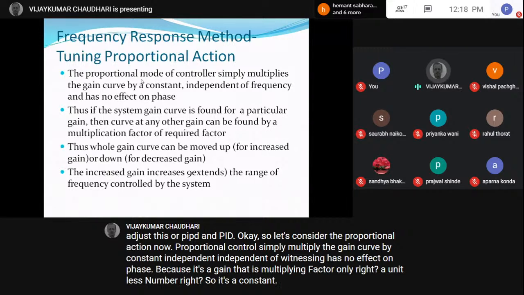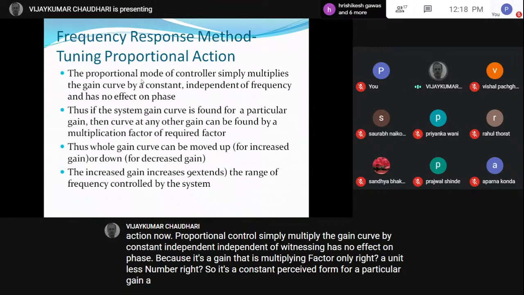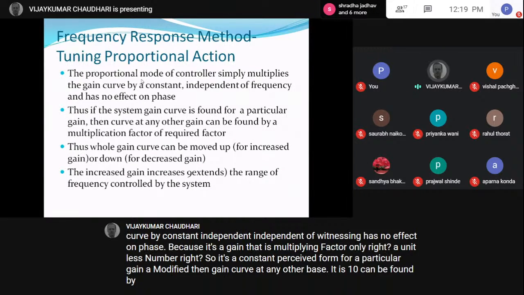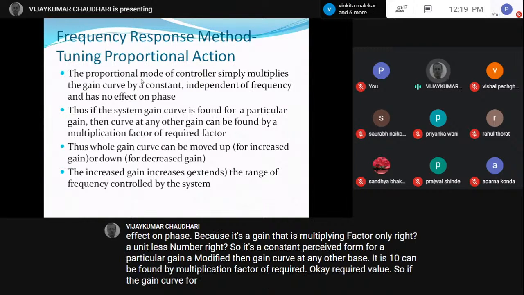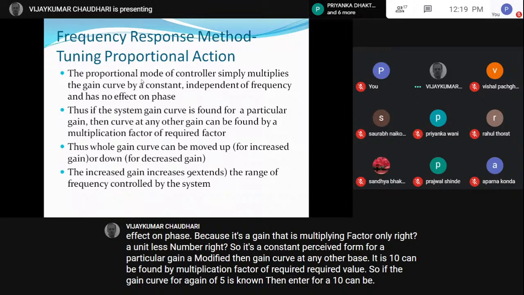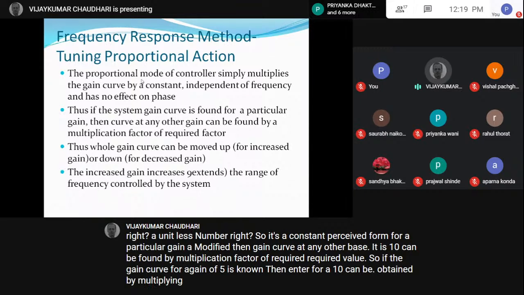Thus, if the gain curve is found for a particular gain, say 5, then the gain curve at any other gain, say 10, can be found by a multiplication factor of the required value. So if the gain curve for a gain of 5 is known, then the gain curve for a gain of 10 can be obtained by multiplying the whole gain curve by 2.